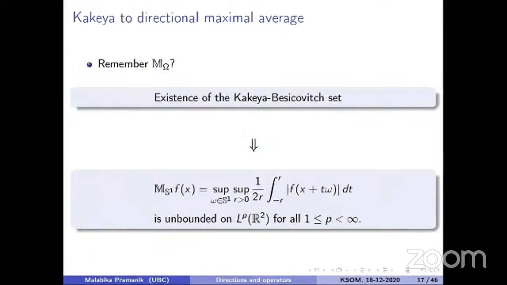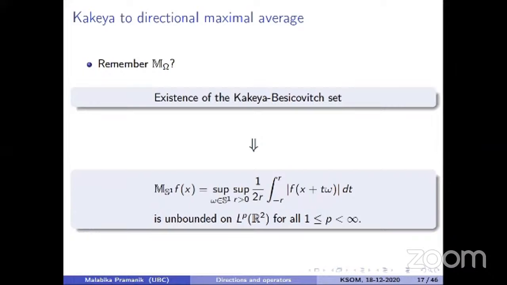This is all very good, but what does this have to do with directional maximal operators? It turns out that the existence of the Kakeya-Besicovitch set has a rather dramatic consequence for the maximal directional average m omega, where omega is the set of all directions in the plane.